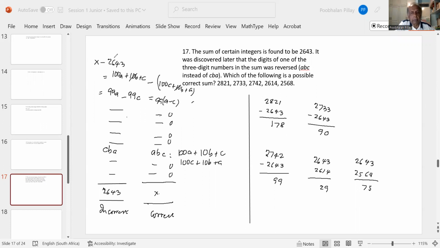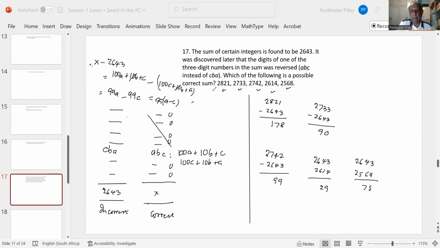In other words, when you subtract these two numbers, the correct answer minus 2,643, you are going to get a multiple of 99. And these are the possible values for x, the correct sums. They tell you which of these is a possible correct sum.